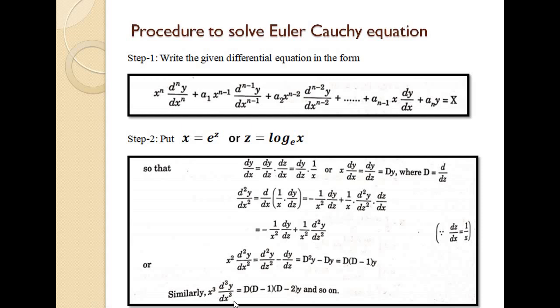Similarly, x power 4 into d power 4 y by dx power 4 can be written as D into D minus 1 into D minus 2 into D minus 3 operated on y, and so on. Like this you can derive all these terms of the Euler Cauchy equation.